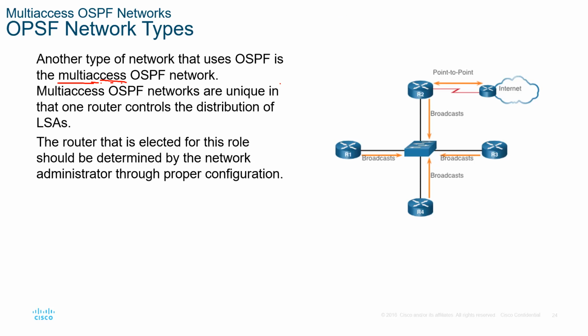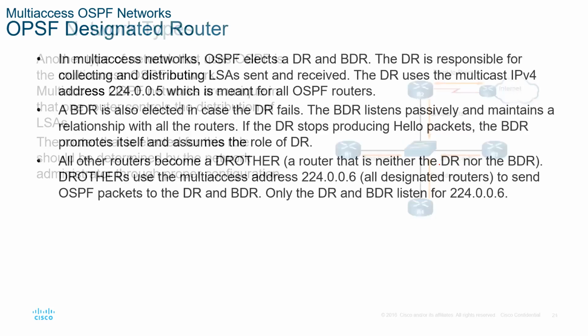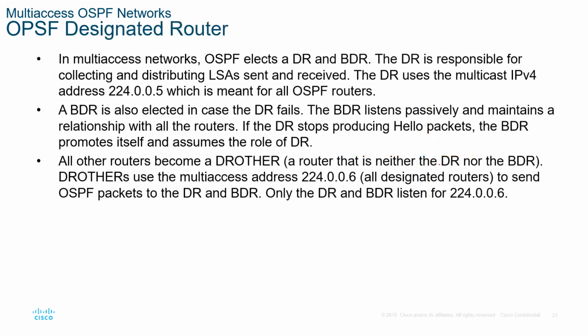You see the difference in this case: you have a switch, which is a broadcast device, and then you have different routers connecting to this particular switch. Based on that topology, we are going to look.